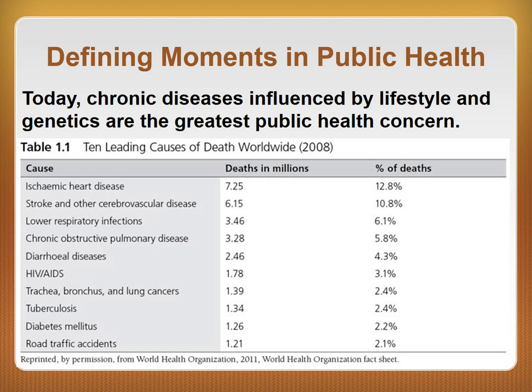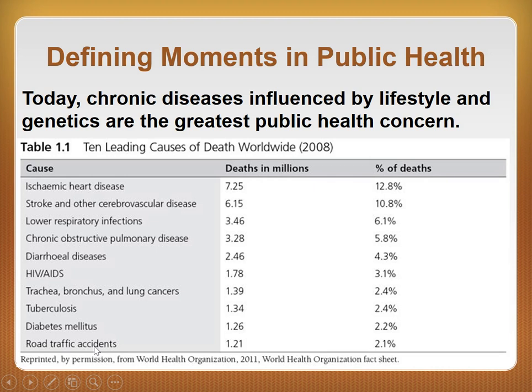As you can see from Table 1, the top 10 leading causes of death in the world in 2008 were heart disease, stroke, respiratory infection, pulmonary disease, diarrheal disease, HIV/AIDS, tracheal, bronchus and lung cancers, tuberculosis, diabetes, and road traffic accidents.